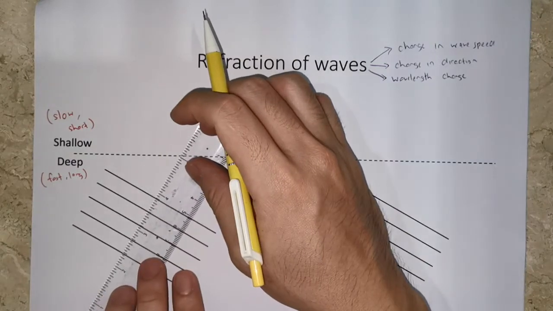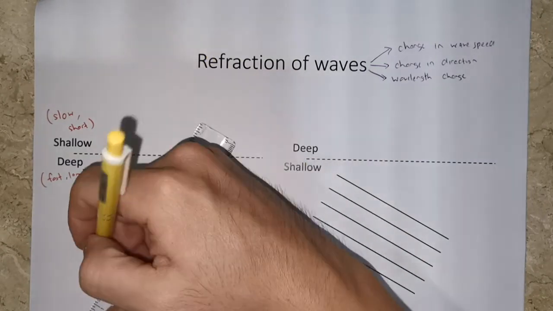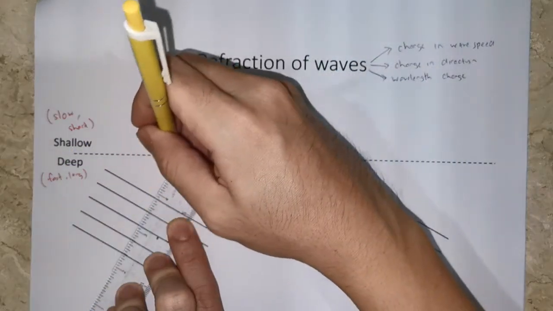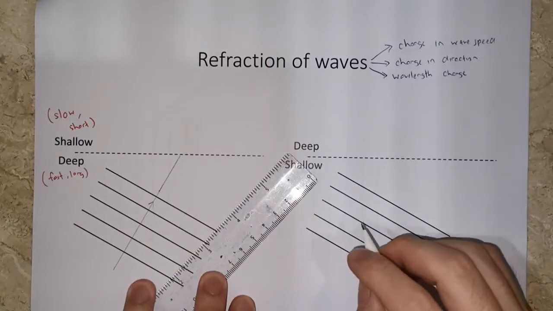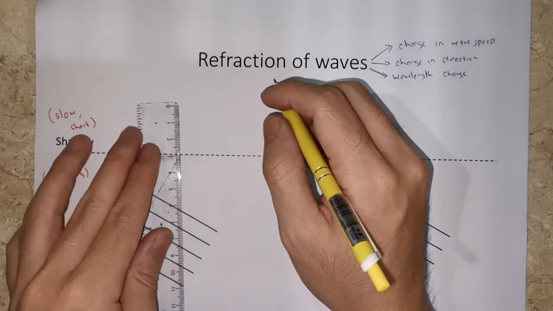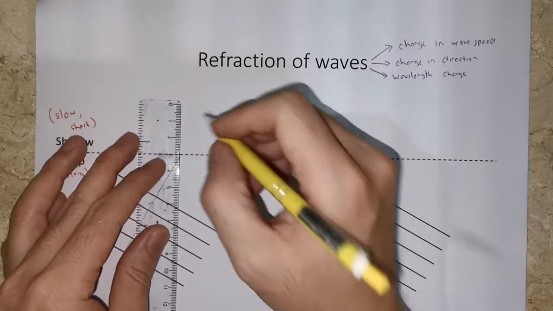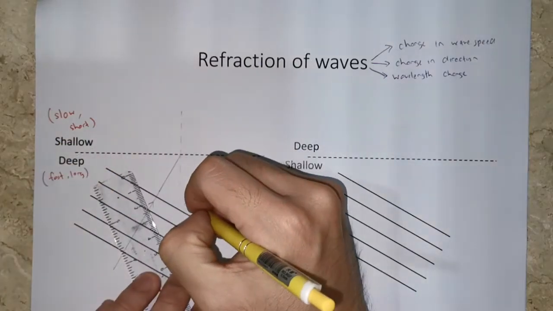Firstly, similar to the previous example, we need to draw a line 90 degrees to this wave. What this means is the wave is traveling in this direction. We need to have the normal line 90 degrees to the surface. This is known as the normal line.